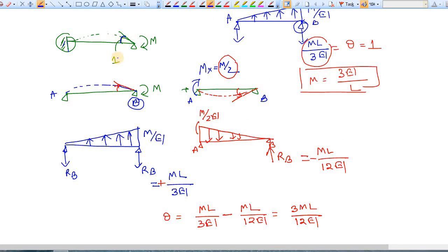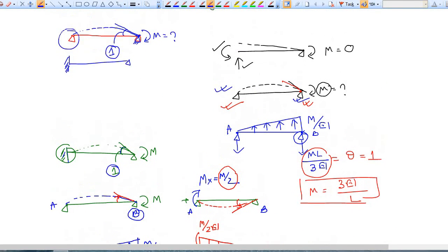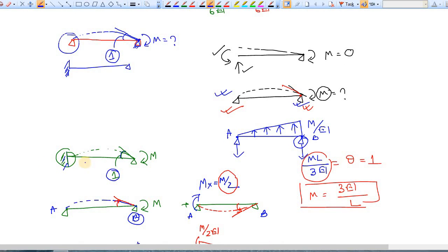The total rotation is unit, so make theta equal to 1. So how much moment is coming? This is coming as 12EI by 3L or 4EI by L. This is the rotational stiffness when the far end is fixed.